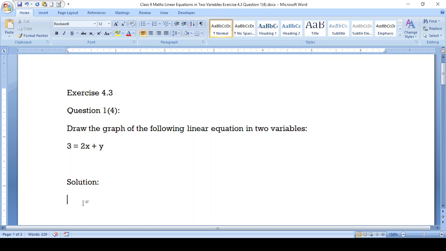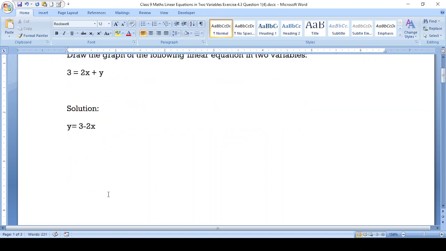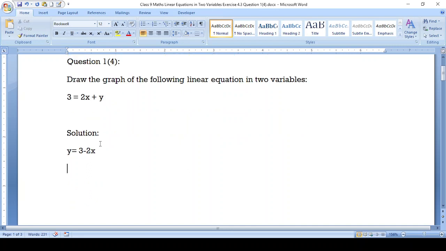So y = 3 - 2x. This is the equation which we get after rearranging. Now we basically have to draw a graph of this equation, which represents this equation on graph paper.